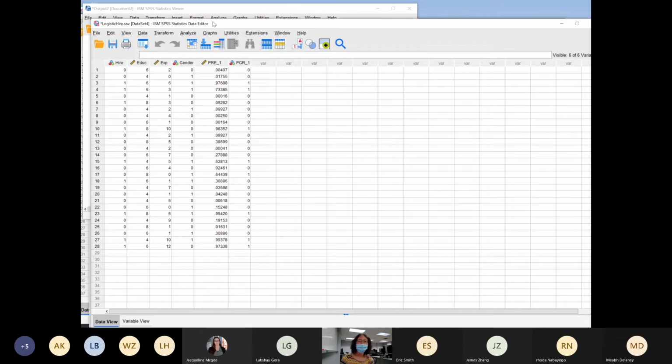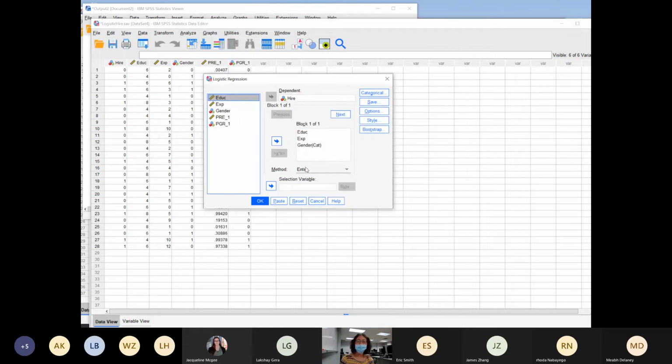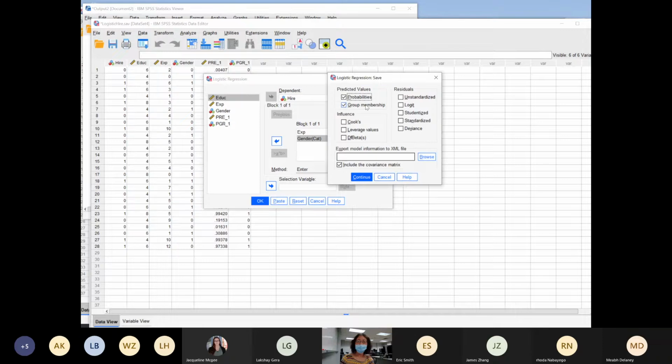So this time, analyze, regression, binary logistic. I want to delete the education variable so that I just have experience and gender. Everything else remains the same. So just double check, save.